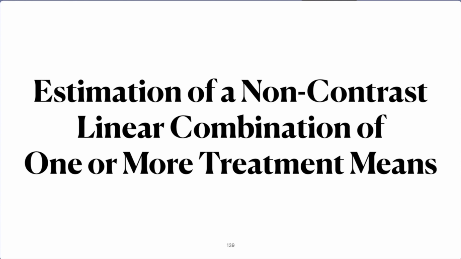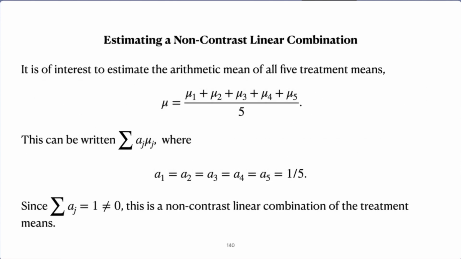Now let's look at estimation of a non-contrast linear combination of one or more treatment means. I want to estimate the arithmetic mean of all 5 treatment means. You'll remember that this quantity, which we denote by mu, shows up in the effects form of the statistical model for the Latin square design.